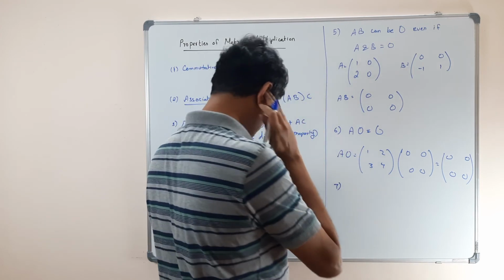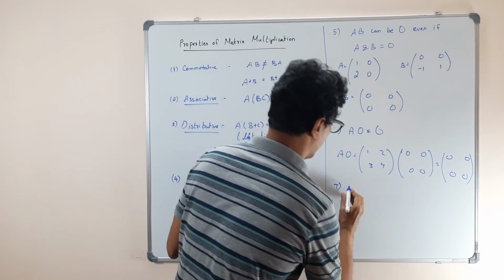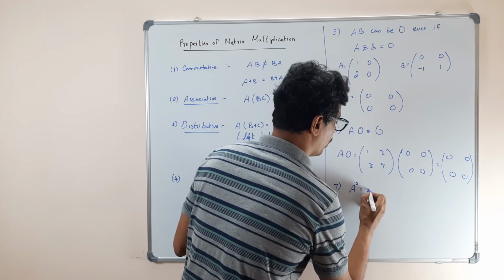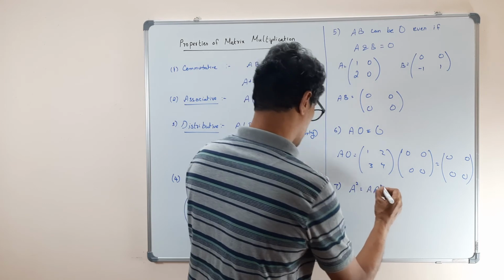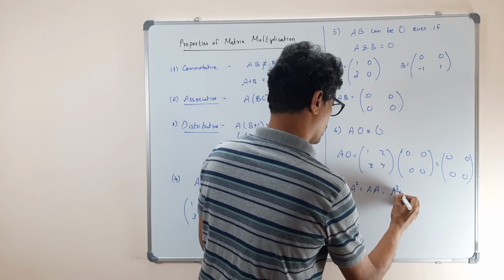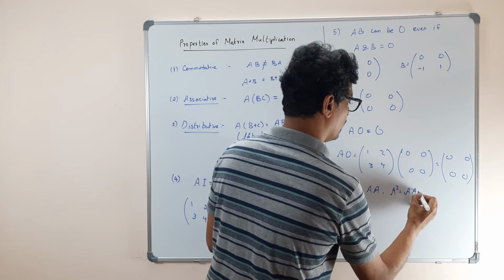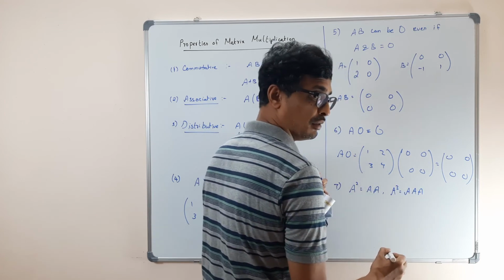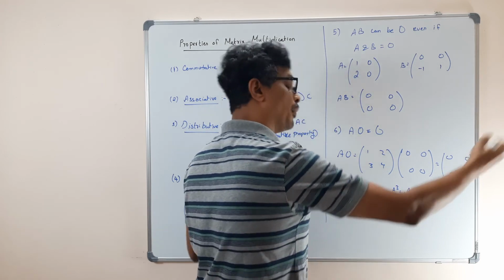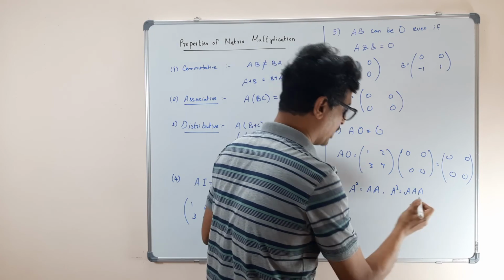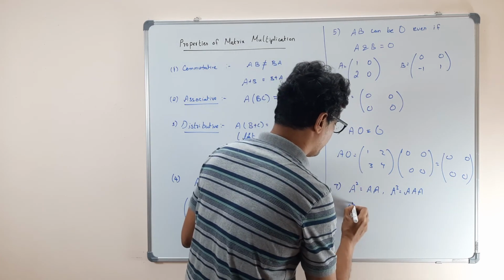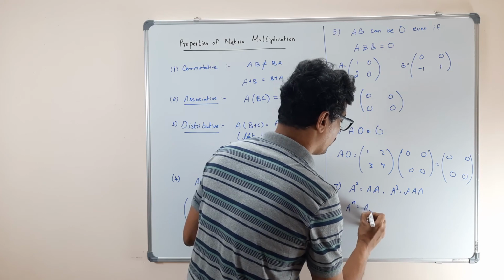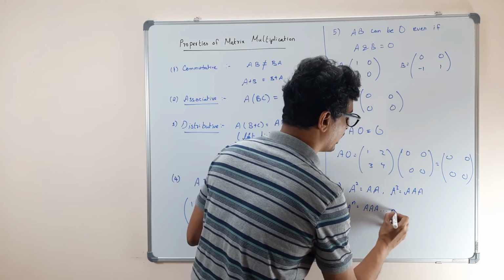Positive means A square will be equal to what? A into A. A cube will be what? A into A into A. Similarly I can keep on doing it, multiply by A, then multiply by A again and again. So A power n will be A into A into A, n times.